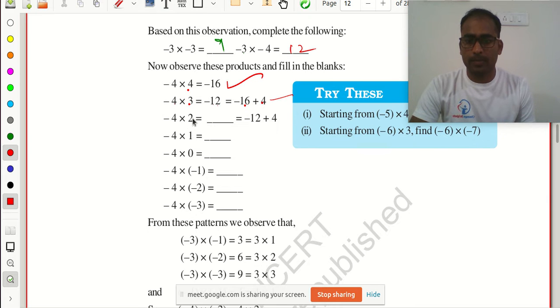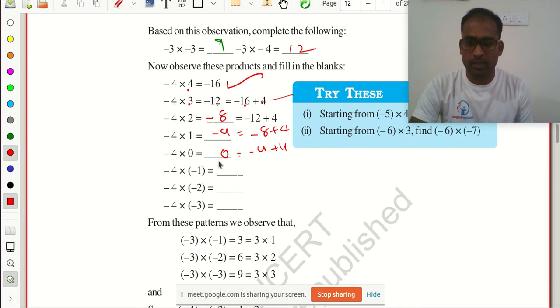Okay. Minus 4 into 2 is minus 8. Minus 4 into 1 is minus 4. I can write this as minus 8 plus 4. Minus 4 into 0 is 0. I can write minus 4 plus 4.